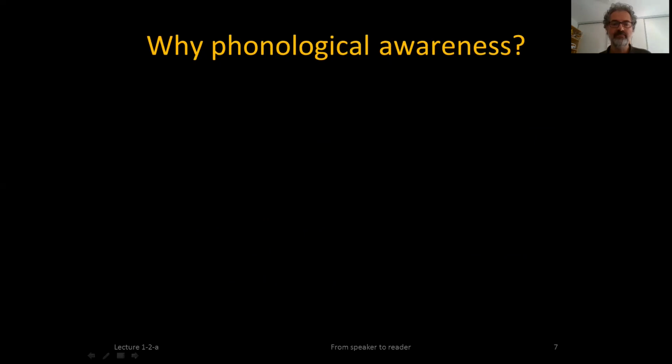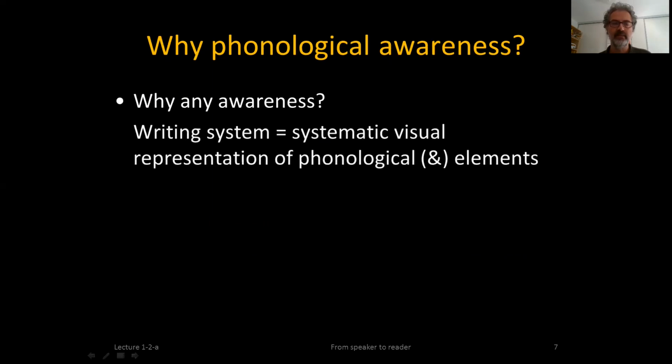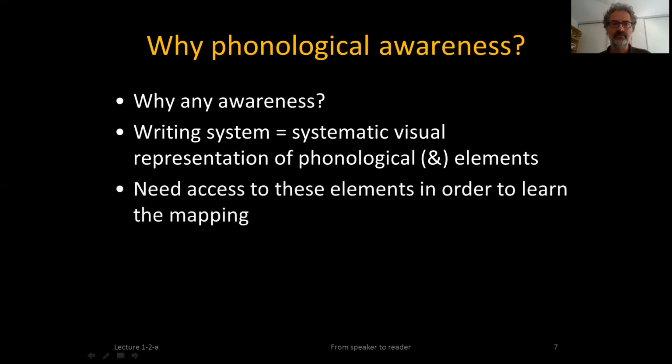Why do we need phonological awareness? Well, why would we need any awareness? If you recall, a writing system is a systematic visual representation of phonological elements, among other language properties. But mostly, a writing system visually represents phonological elements.